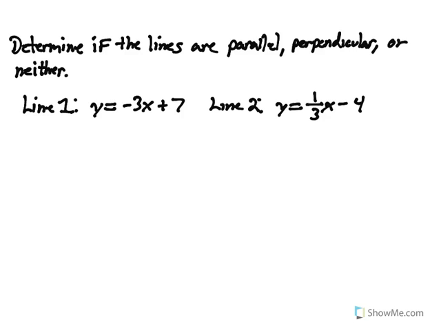Notice that both equations are already in the slope-intercept form. Y equals mx plus b, and so is this one, mx plus b. And we should be able to determine what the slope is and what the y-intercepts are. Now, when we compare lines, we're interested in the slope, okay? Not necessarily the y-intercept.